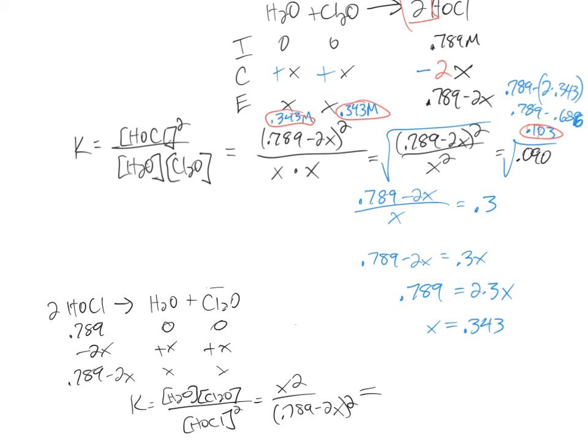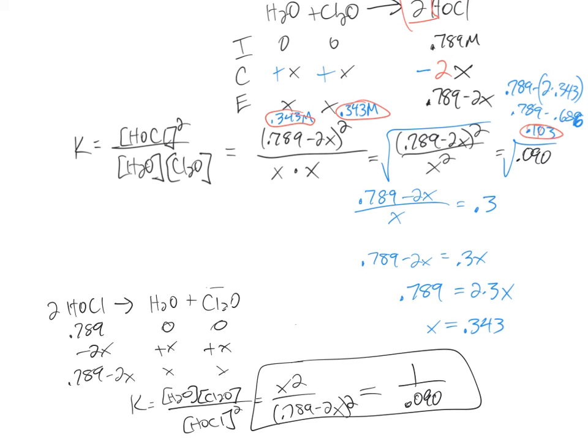Now, if you remember back towards the beginning of chapter 13, if you're given a certain value for a K for a certain equation, and you flip the equation around, you can find the new value of K by taking the reciprocal.